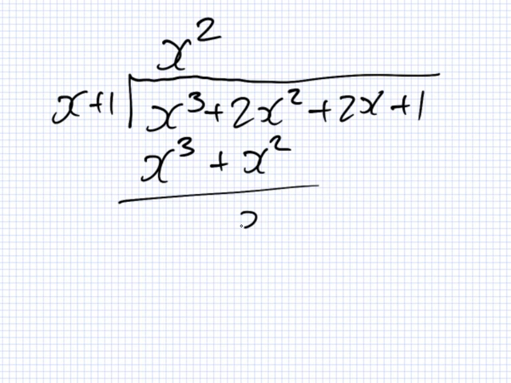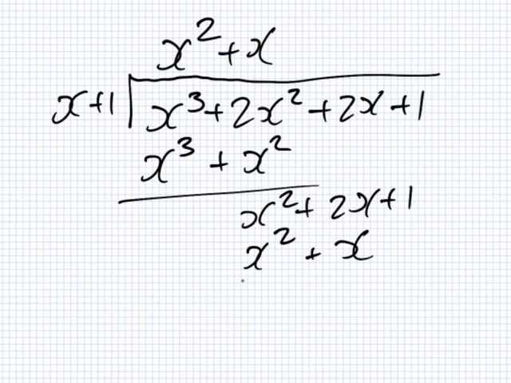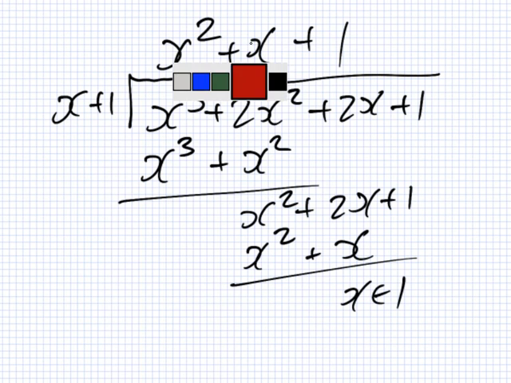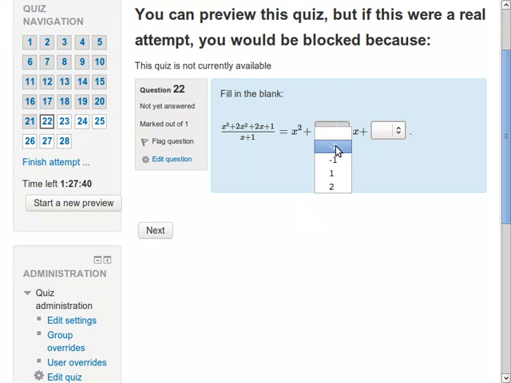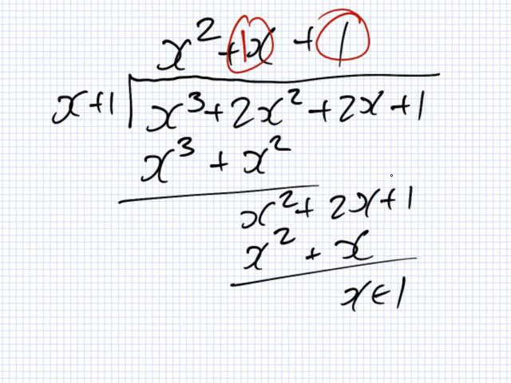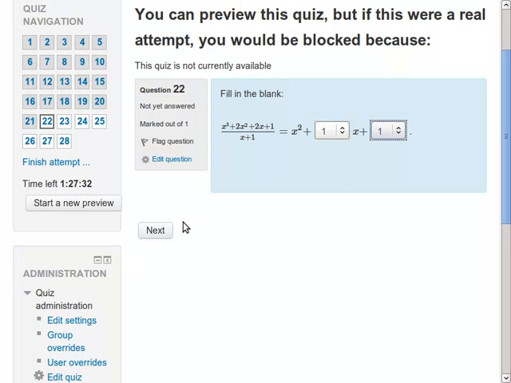I'm left with x squared plus 2x. So next should be x, so that's x squared plus x, left with x plus 1. So lastly it's 1. So it was 1 and 1 were the numbers missing here and here. 1 and 1 then. So that one was okay, I thought. Okay, next one.